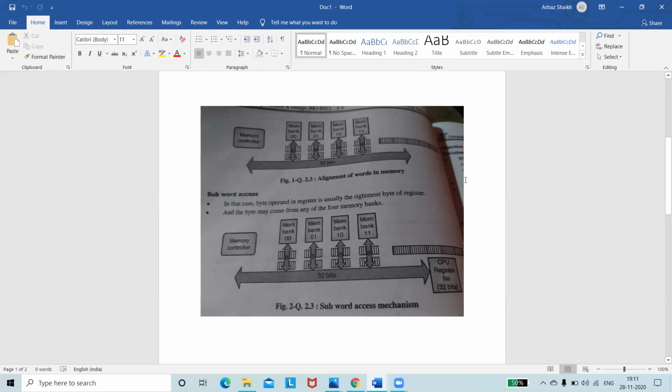Basically, according to the data, the CPU accesses 32-bit words of data starting at a byte address where such an address is a multiple of 4 bytes. This is called word alignment. Another important point is that the memory controller is simple and fast, and data is available in one cycle.